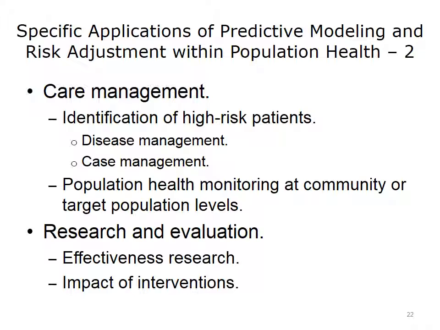These tools also have many applications for evaluation and research. One cannot assess whether a program or intervention is working unless one controls for risk across the cohorts undergoing the intervention and those in the control or comparison groups.